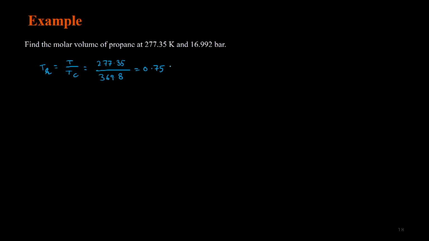Luckily, we don't have to do a linear interpolation in this case, at least it looks like so far. This is P over PC, which is 16.992 over PC of 42.48, so I have a value of 0.4. Now, remember omega for propane is 0.152.